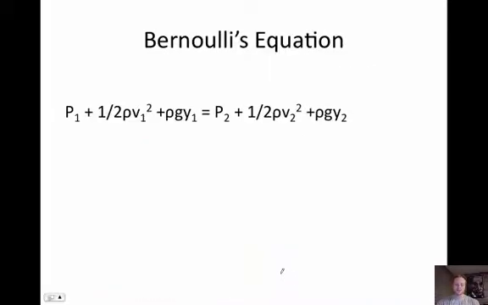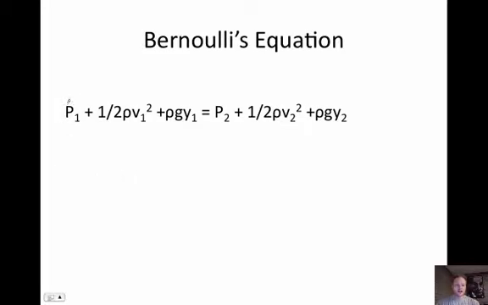So this is Bernoulli's equation, and holy cow, don't let this scare you. It is really big, but it's not as bad as it appears. A lot of times you can cancel some of these terms out when you're solving a Bernoulli's problem, which I'm going to do in just a second.